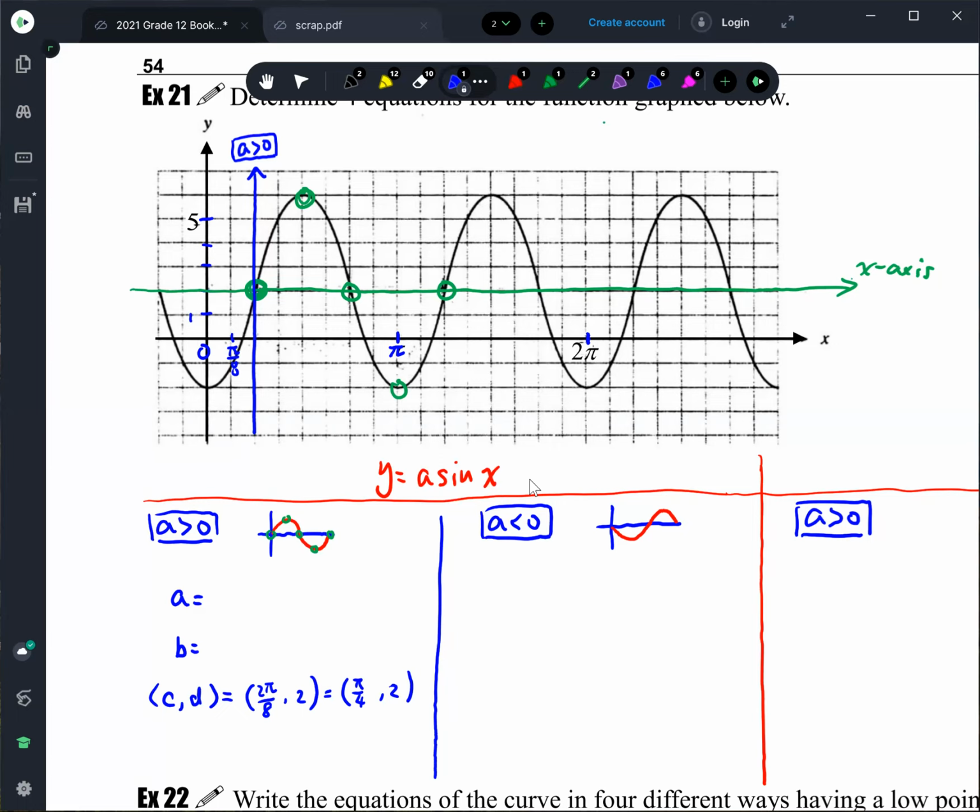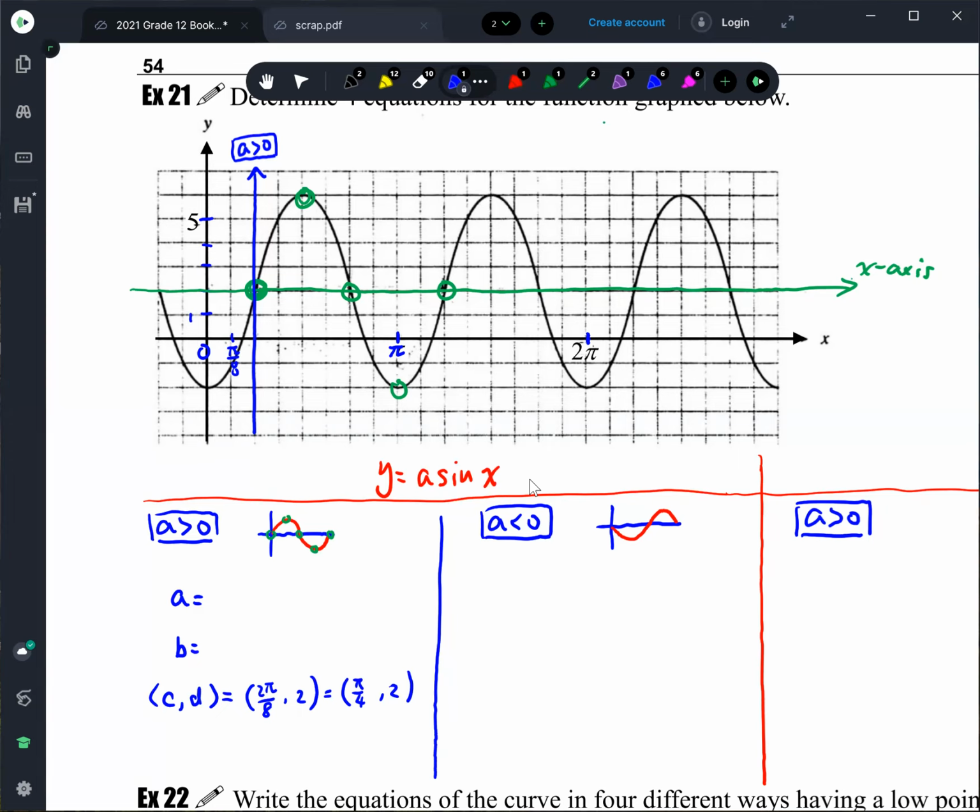Okay, Lily, do you have the value for A? Is A 2? How do you know it's 2? Because the maximum is 6 and then minus -2 and then divided by 4. Divide by 2. Oh, divided by 2.